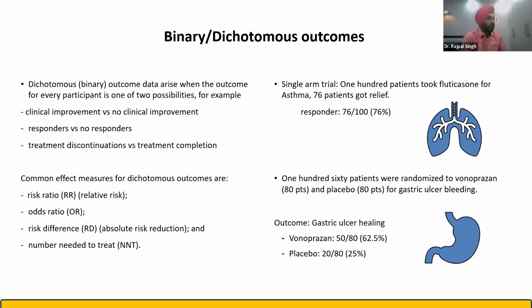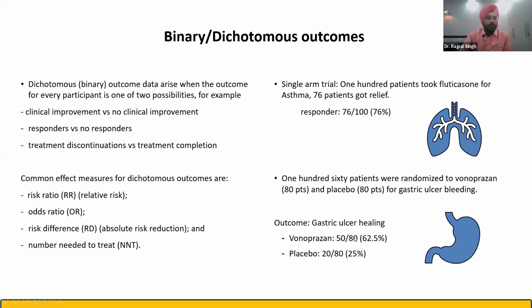And these are usually reported as risk ratios, odds ratios, risk differences, number needed to treat. These are basically small n by capital N. Capital N is the total number of patients in that treatment arm, and the numerator is small n, the number of patients in whom that event has occurred. Suppose we have an example of gastric ulcer healing. We take patients with gastric ulcers, give one set treatment vonoprazan and the other set placebo.